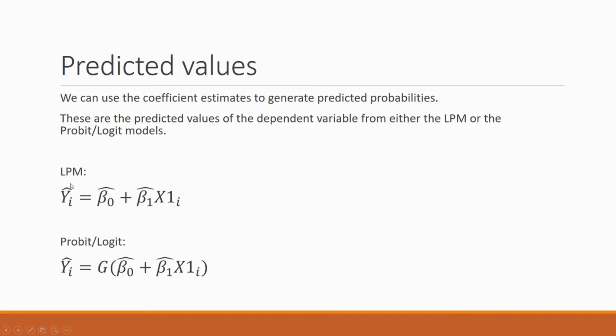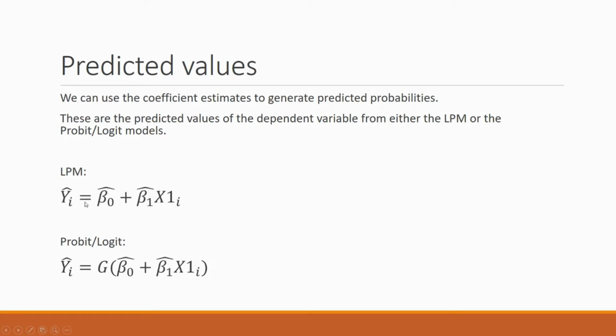The predicted probability from the linear probability model is just the linear combination of our estimated beta 0 plus our estimated beta 1 times the independent variable.